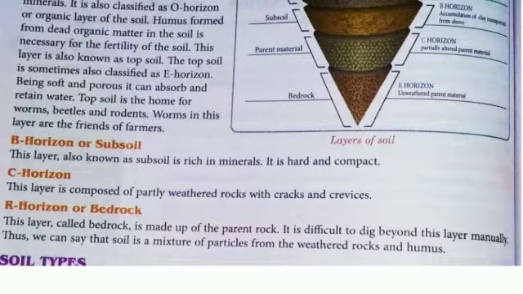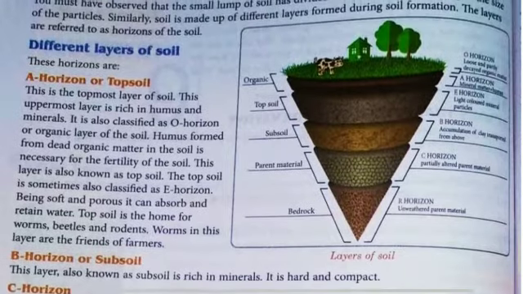Thus we can say the soil is a mixture of particles from the weathered rocks and humus. Mostly you see weathered rocks, subsoil, topsoil, organic soil, means humus, means plants and animals.